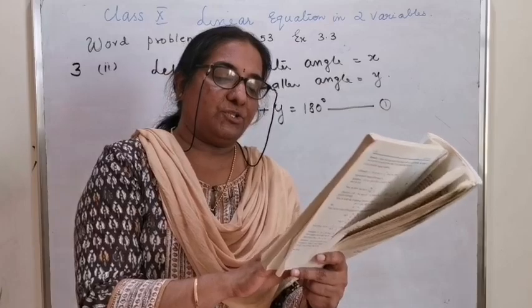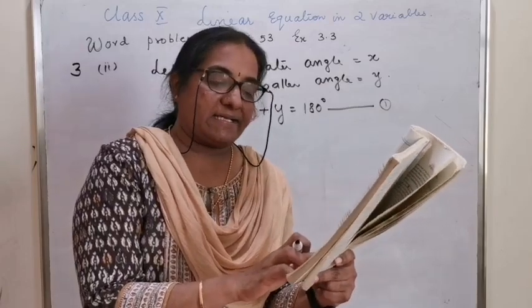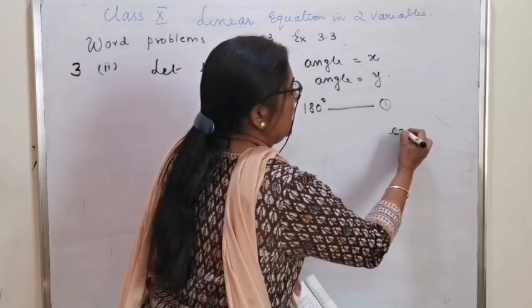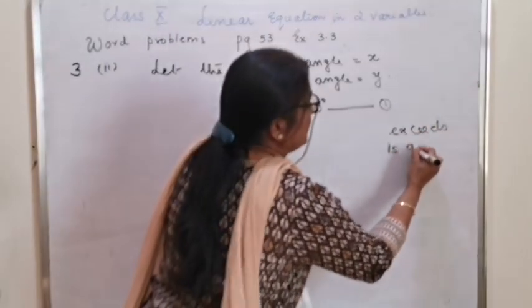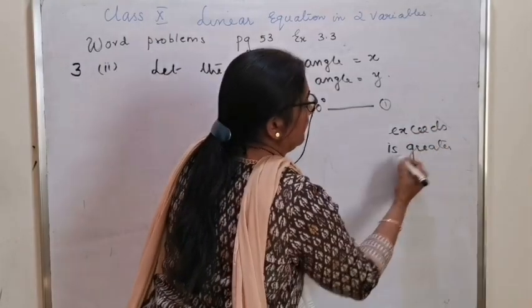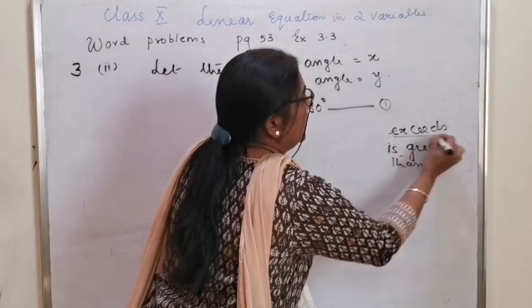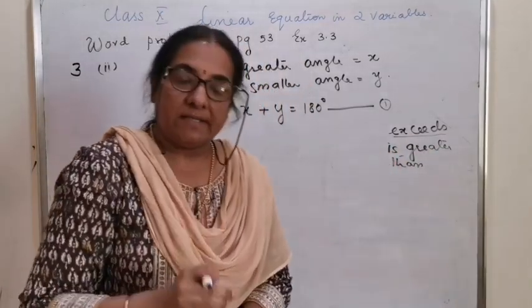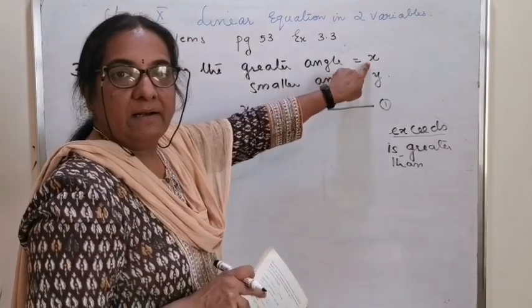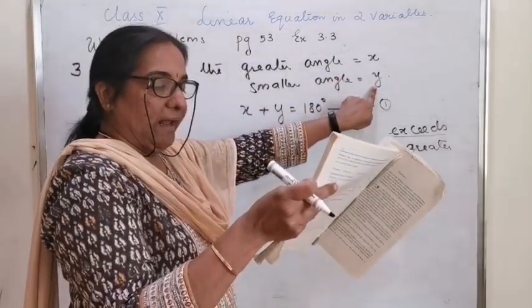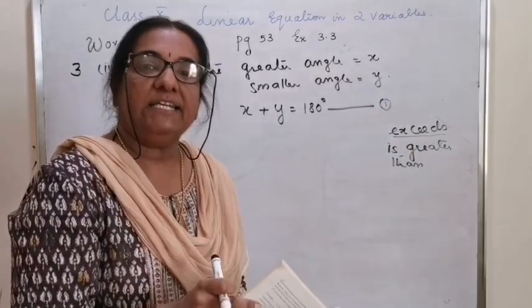The larger of the two supplementary angles exceeds. The meaning of the word exceeds is greater than. That is, the bigger angle is greater than the smaller angle by 18 degrees.